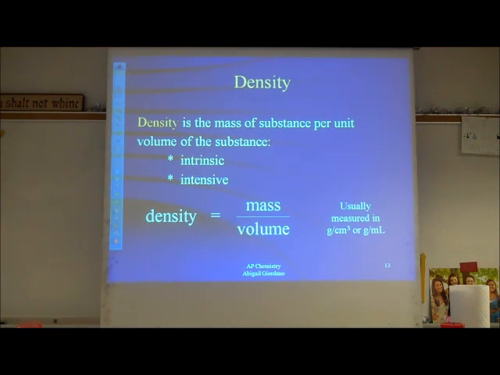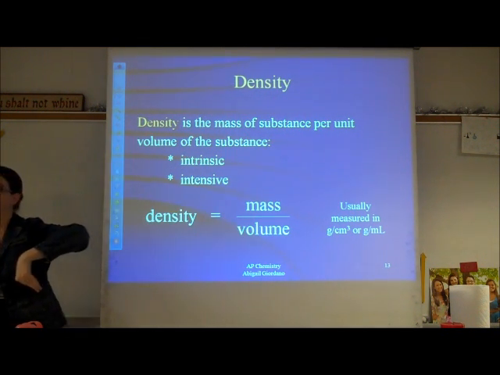All right, if you say that a substance has a density of 3.84 grams per milliliter, there is no other substance that is going to have that exact same density. It is unique to that substance.